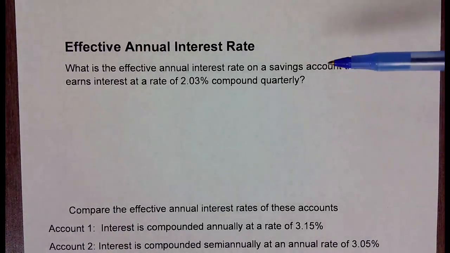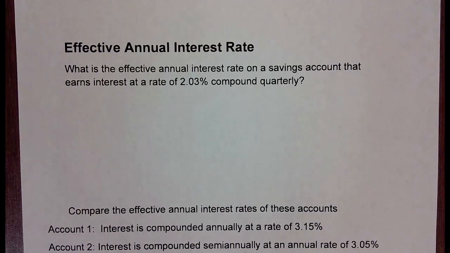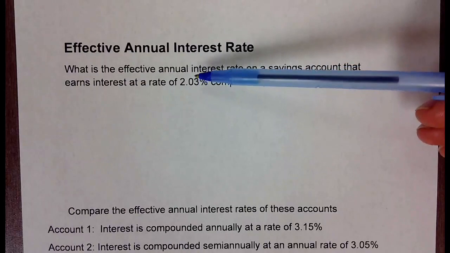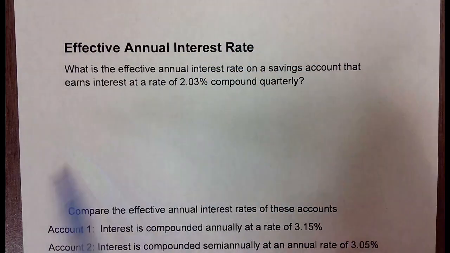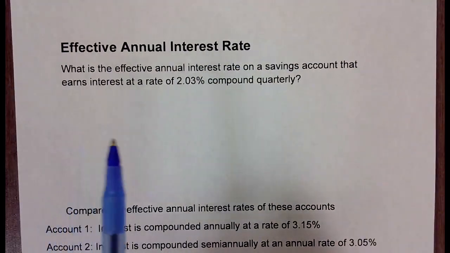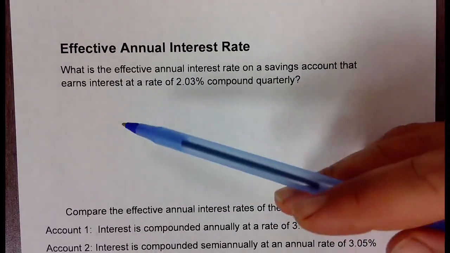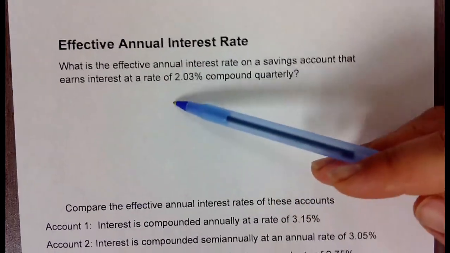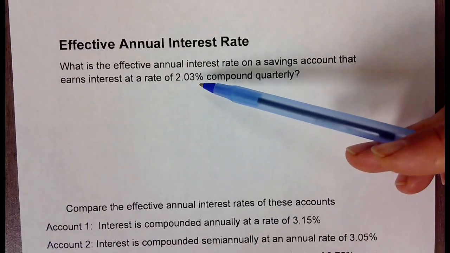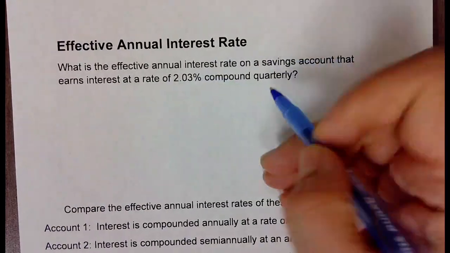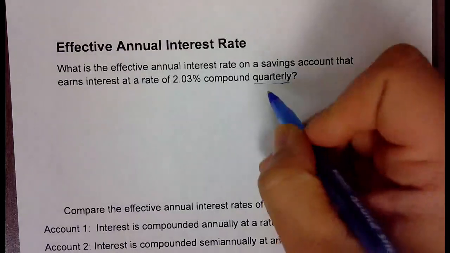So thinking about if I had, in this case, it's asking me, what is the effective annual interest rate on a savings account that earns interest at a rate of 2.03% compounded quarterly?